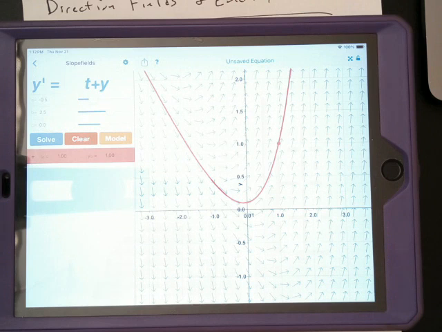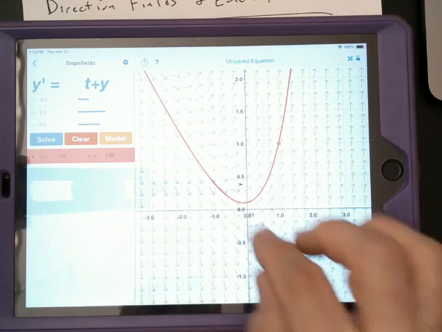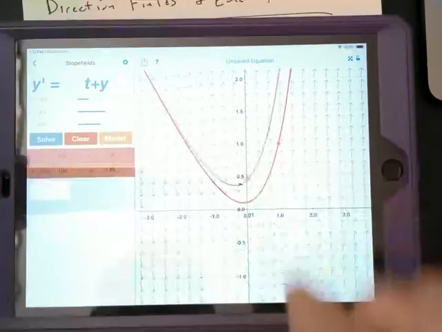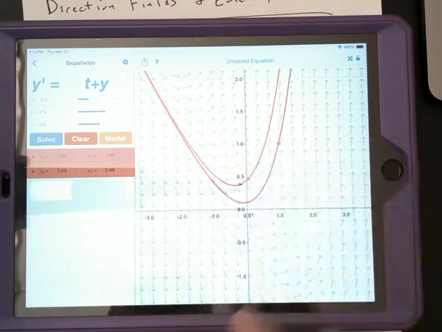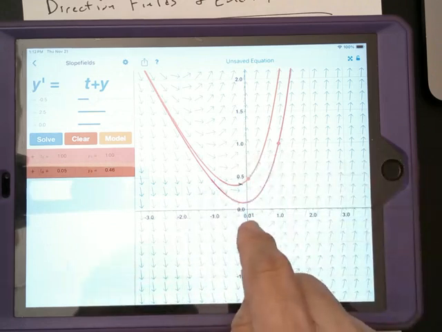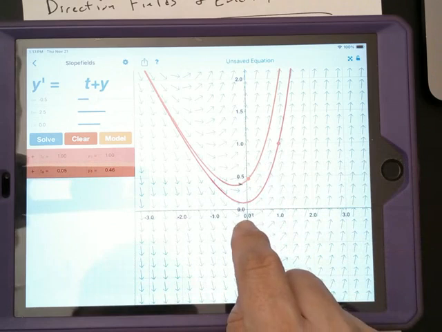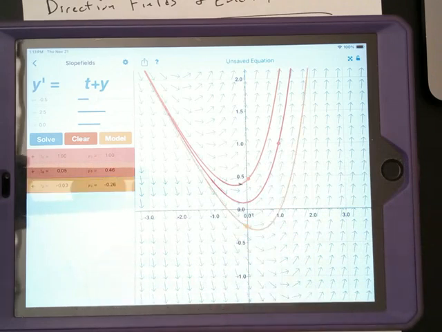But no matter what starting point I pick, let's say I pick the point 0.5, I see a very similar sort of behavior, don't you? But if I pick the point over here, say 0, negative a quarter, that stretches out pretty well too.